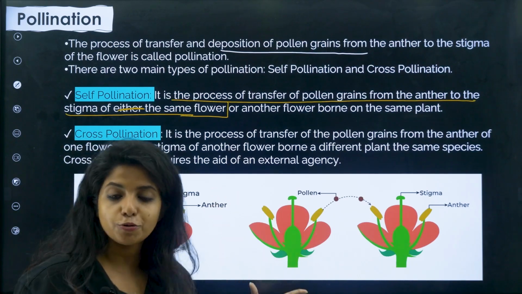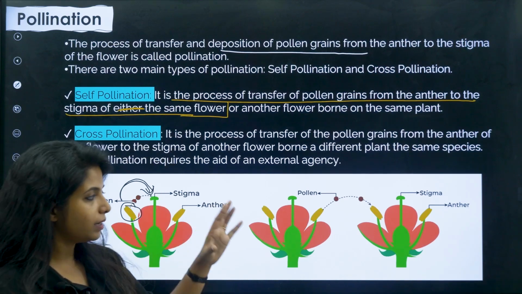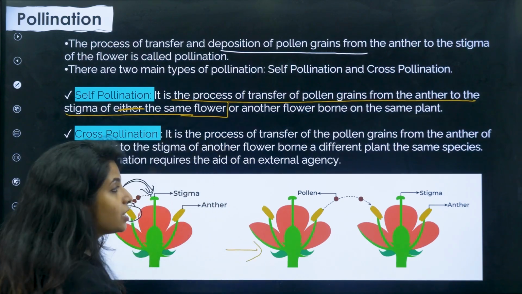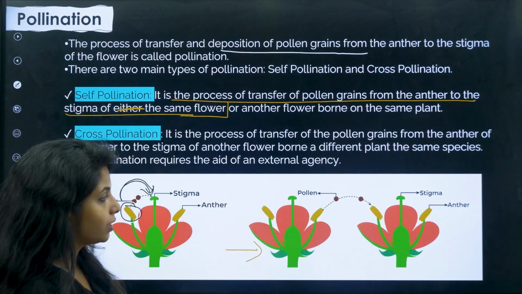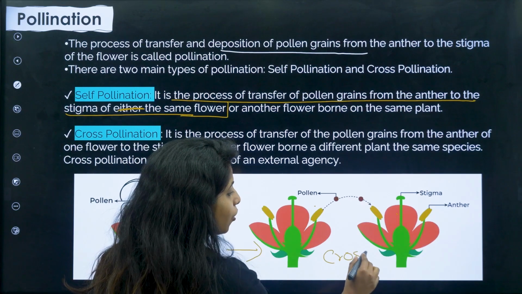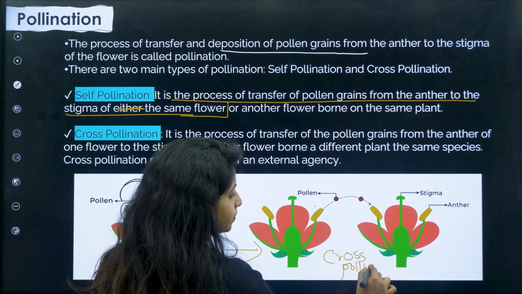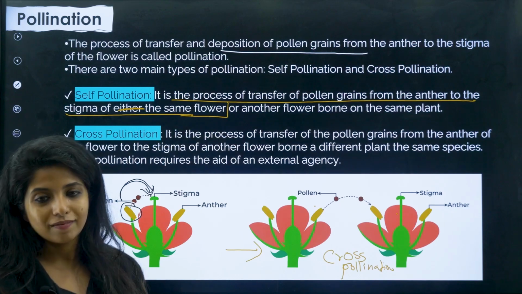Usually it's a different plant. When it's the same plant, you call it self pollination, but as I said, in the NCERT it's not mentioned, so let's also learn it like that. When pollen grains from one flower go to another flower, you call it what? Cross pollination. And when it's the same flower, you call it what? Self pollination. Done?